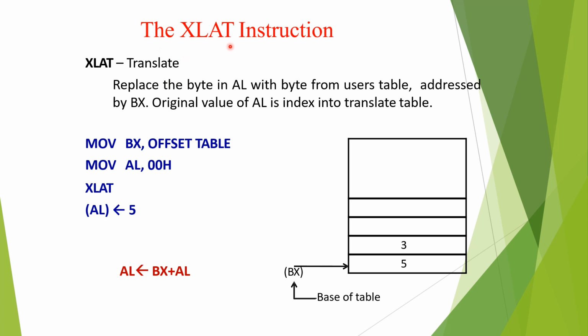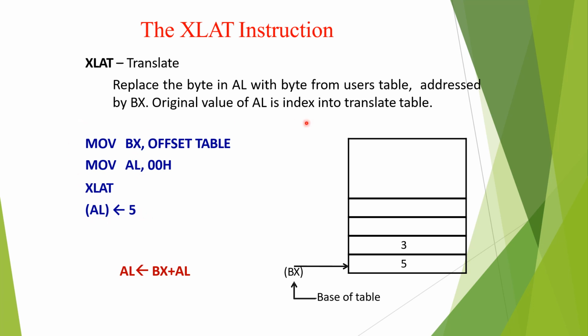And XLAT instruction. XLAT instruction is used for translate. Say if you are having a lookup table. Lookup table is where we are storing the predefined data or code. So if you want to access that predefined value, we can use BX register as a pointer, and the content of the AL is added to the pointer BX and it is stored in AL.